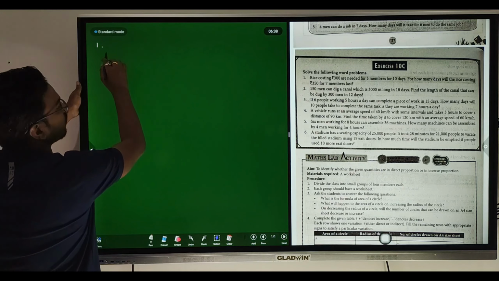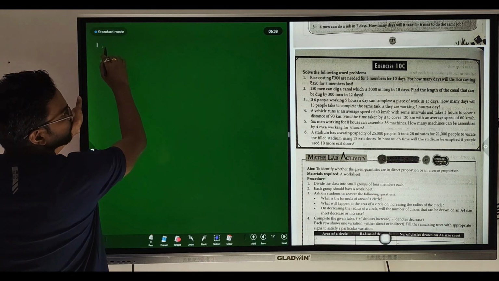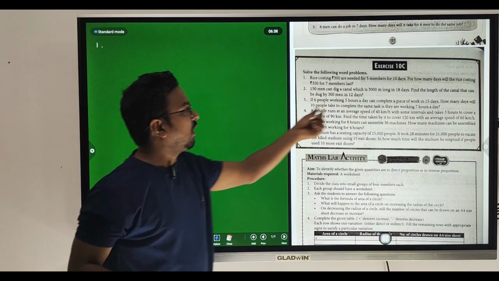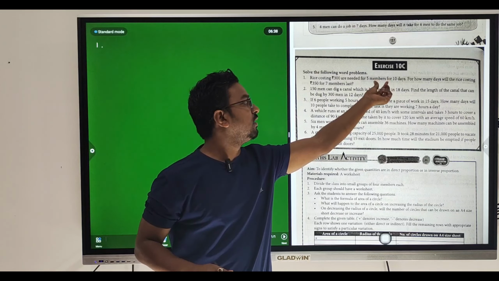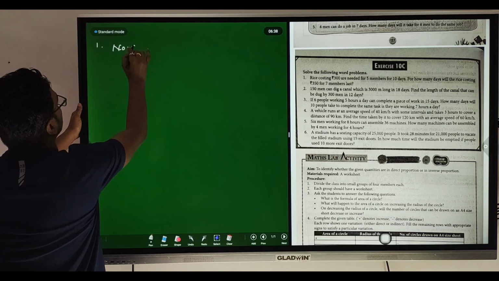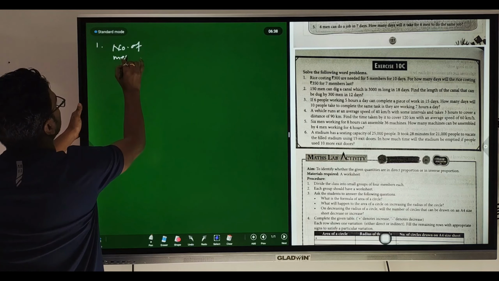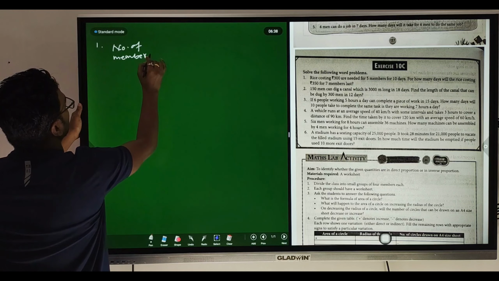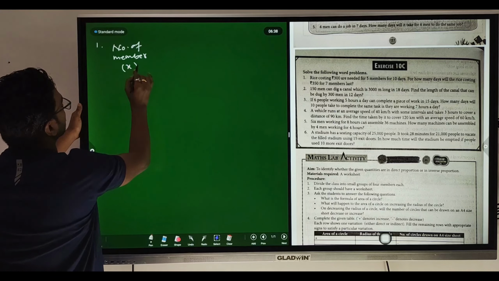First we will write what is important here. Everything we are comparing with members, right? So we write the number of members first, and take this as x.